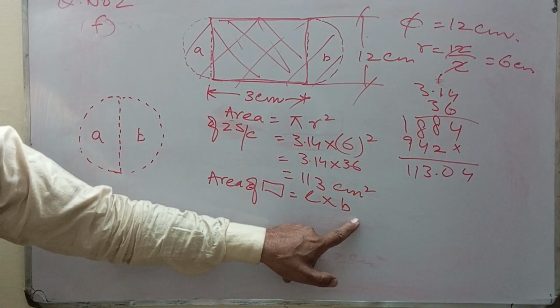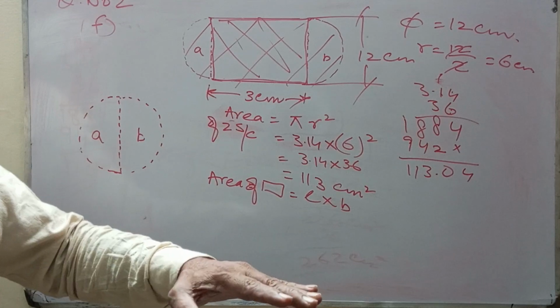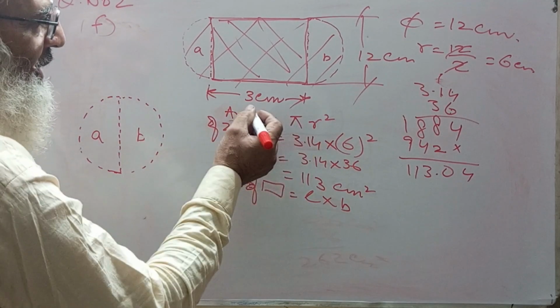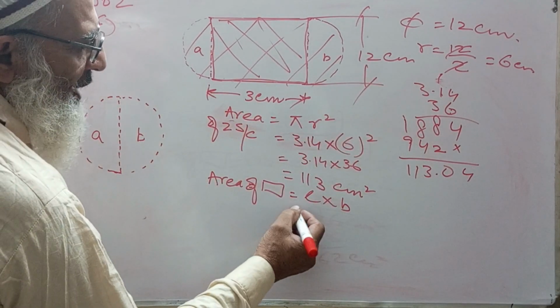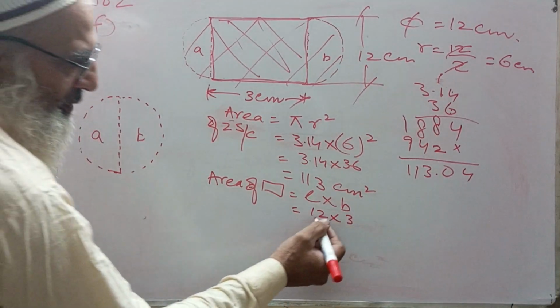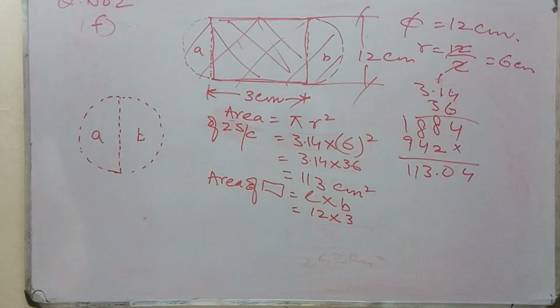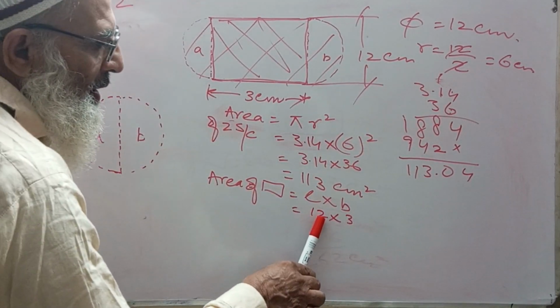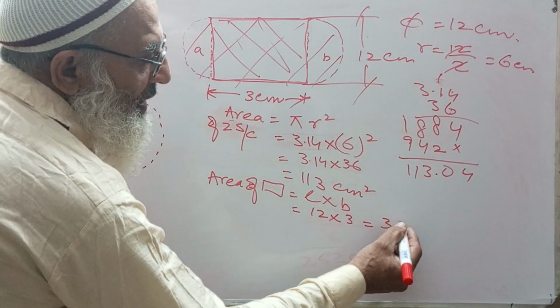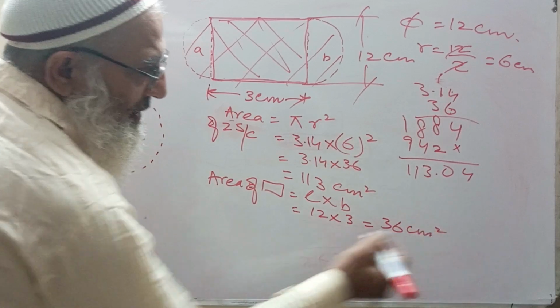Always write the formulae repeatedly, because you will memorize them. So length multiplied by breadth is 12 times 3, which is equal to 36 centimeters square.